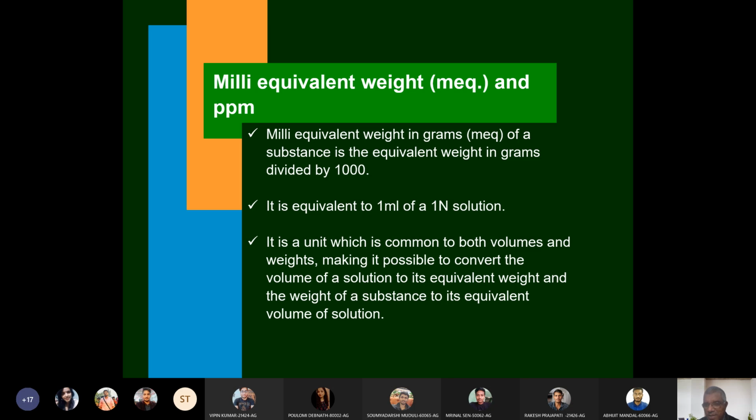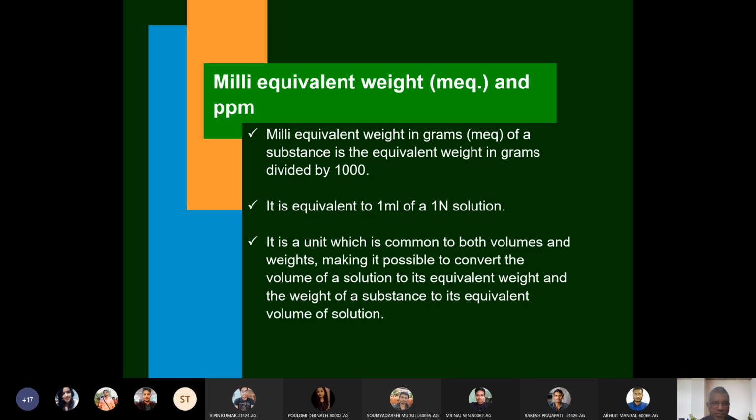Finally, you need to report your results on weight basis. You started with the weight and you need to end with the weight. What is the content of that particular element or nutrient on weight basis? You need to report. But in between, you have used solutions or liquid. So how can this be converted from solid to liquid or liquid to solid? The milliequivalent unit is very, very important. That is why it is written here.